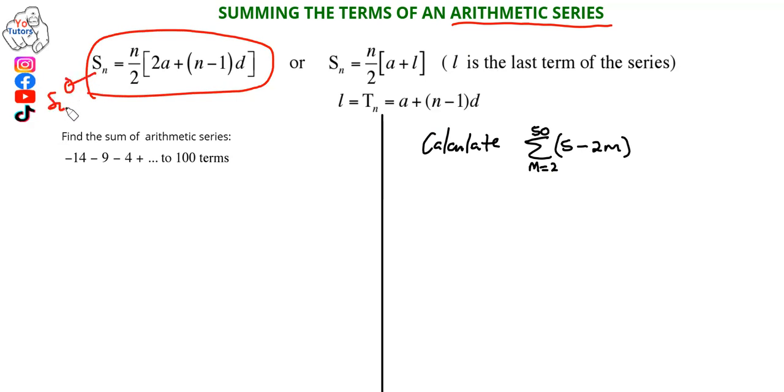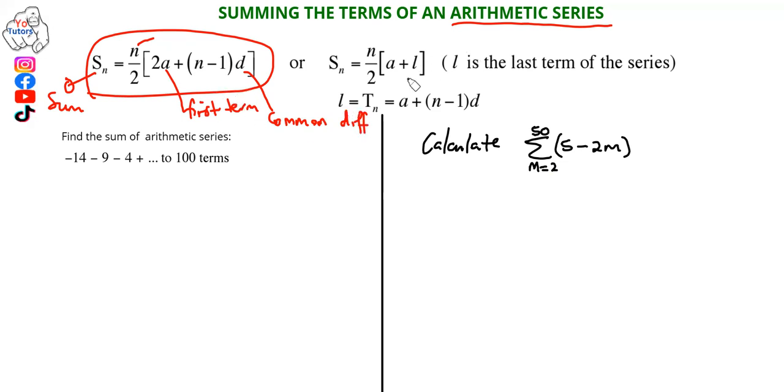Then n is the position of the term, a is still our first term, and d is still our constant difference, or common difference.